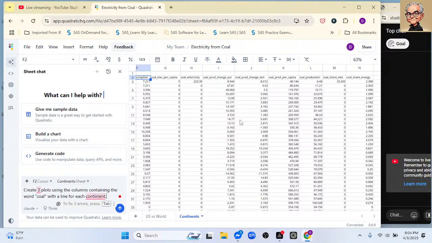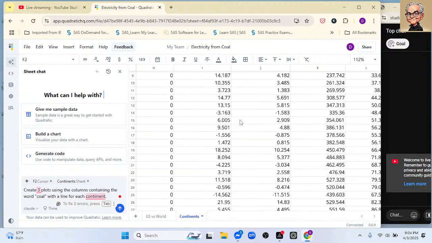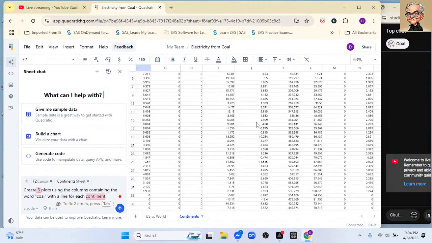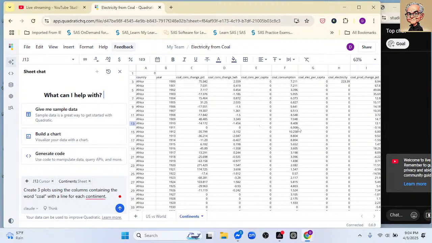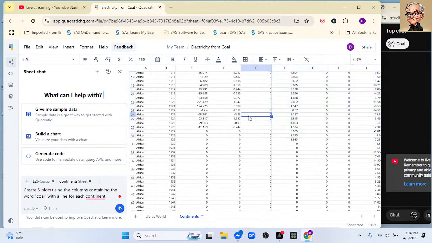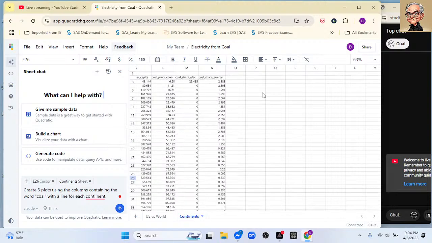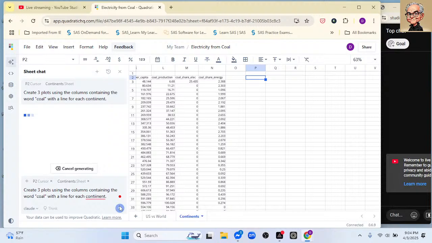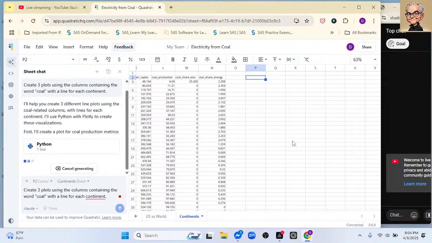Let's go over here. Let's put our plots up here. So I will help you create 3 plots using the coal data columns with lines for each continent. I will use Plotly to create the visualizations.